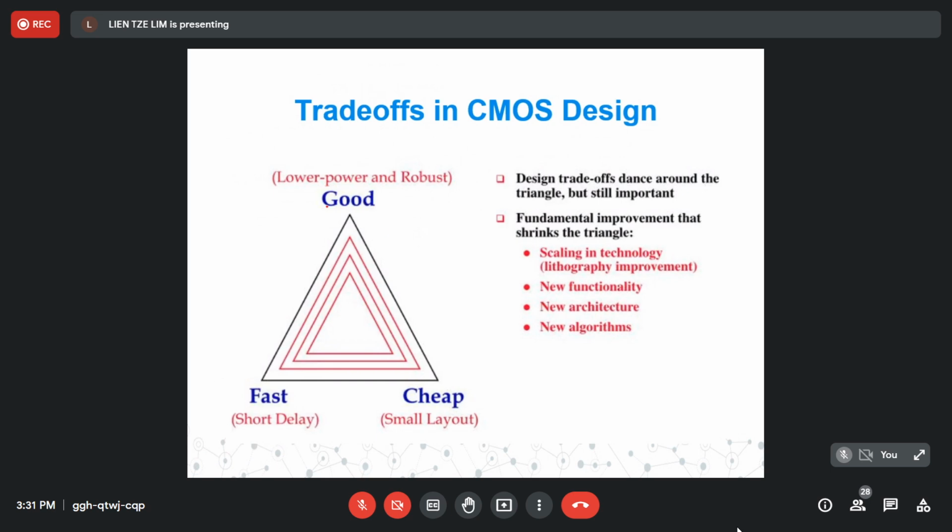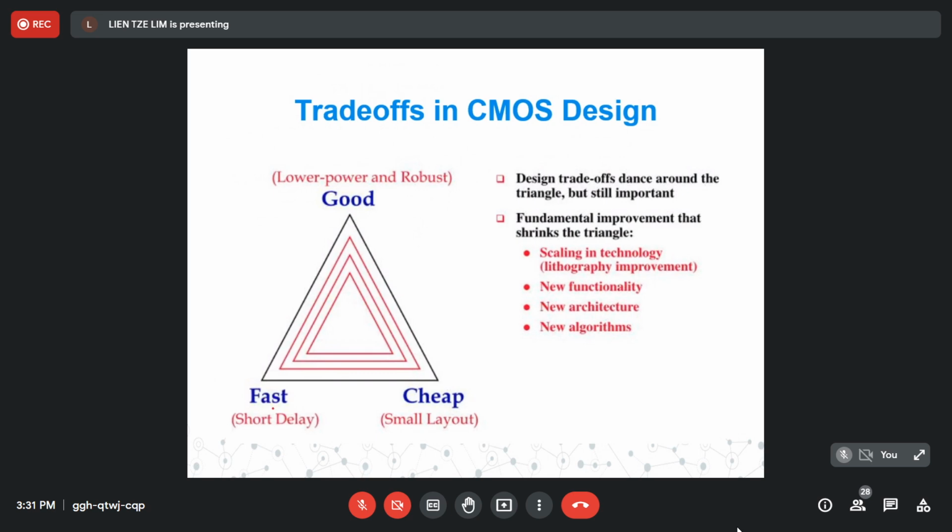Here you see a diagram, which is about the quality or the performance of the device. If the device consumes low power and has good performance, that means it is a good device.